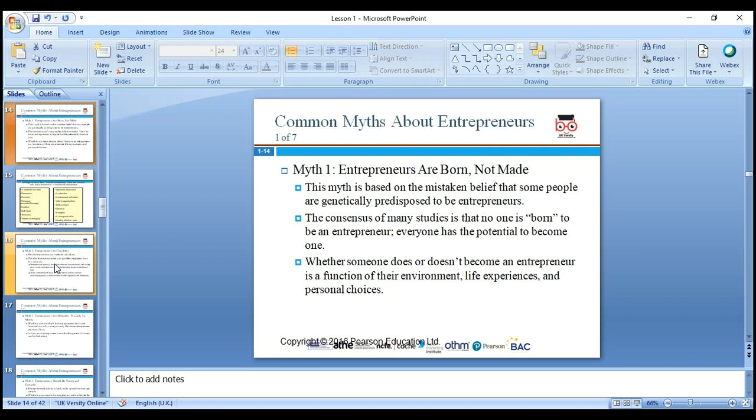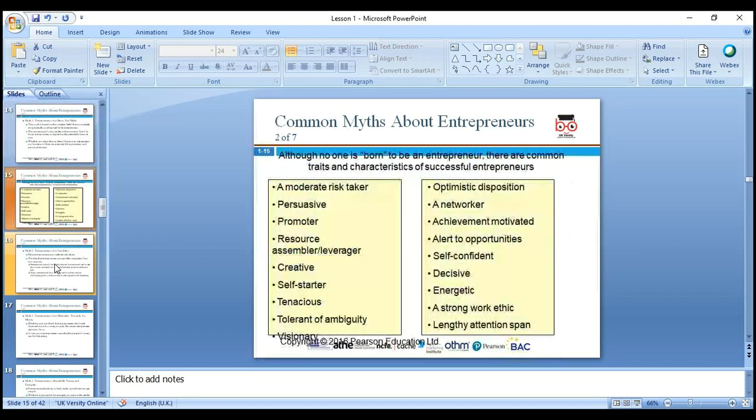The consensus of many studies is that no one is born to be an entrepreneur. Everyone has the potential to become one. Everybody can become their own boss, we just need to learn. Whether someone does or doesn't become an entrepreneur is a function of their environment, life experience, and personal choices.